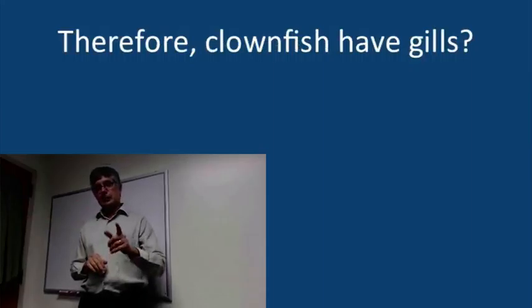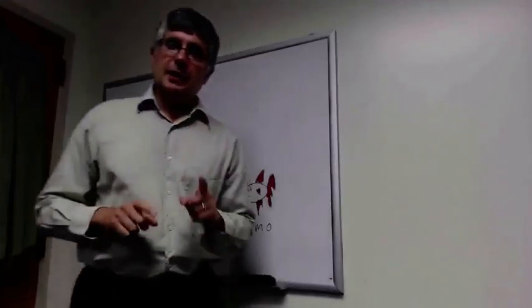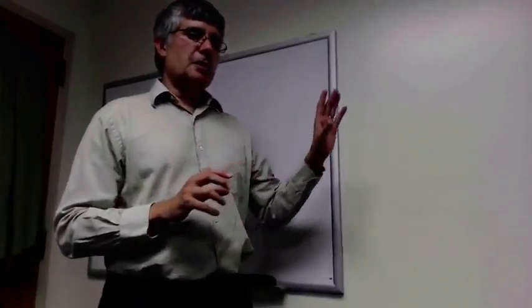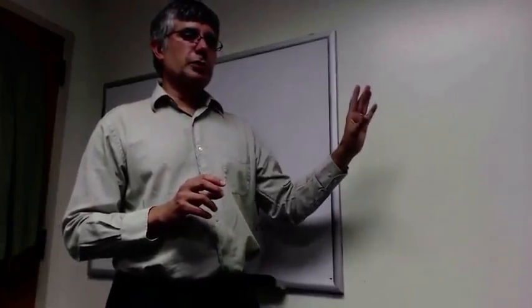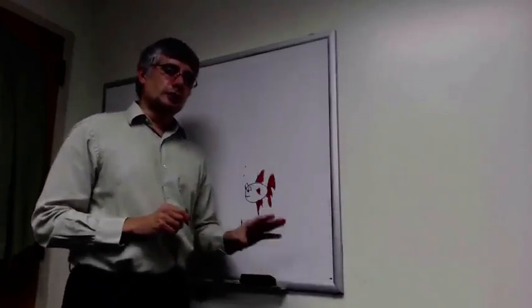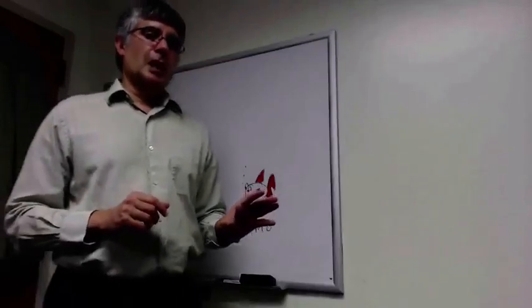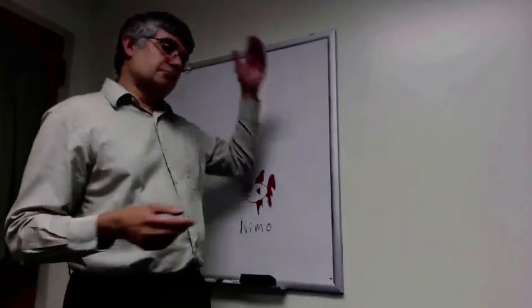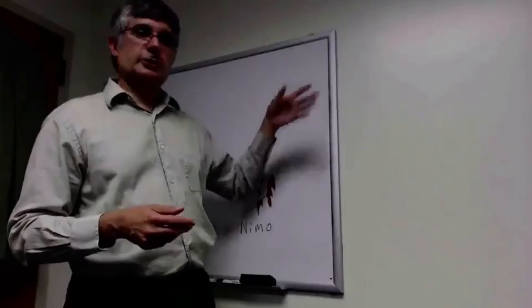Now, is that argument valid? No, it's not. It's not valid because it's possible for the premises to be true even when the conclusion is false. It could be that catfish and sharks and goldfish all have gills, even though clownfish don't.